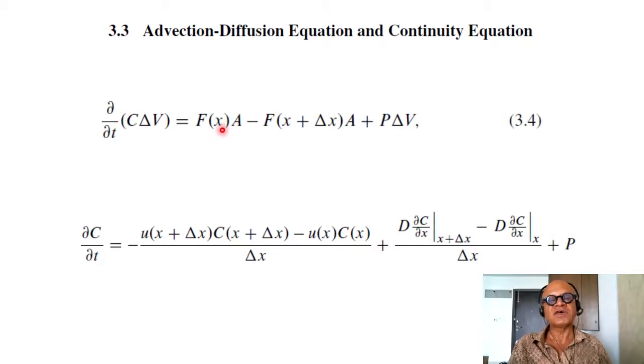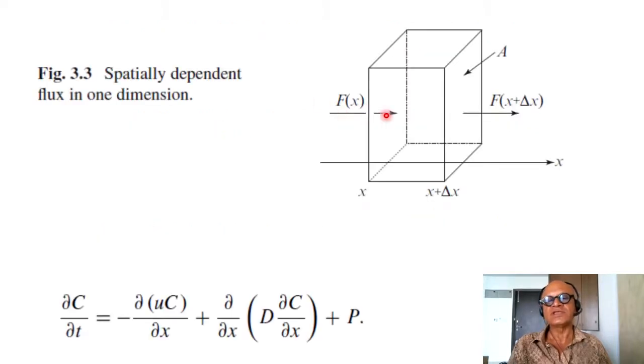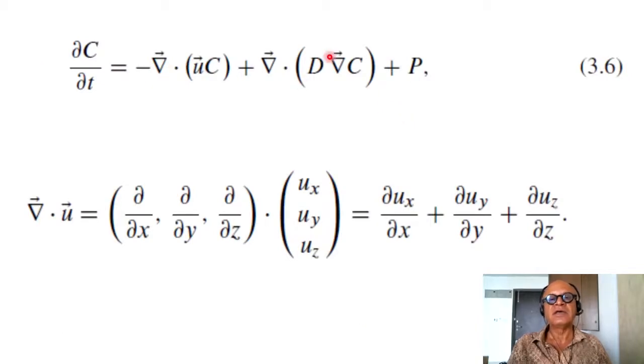So fx times A, the interface area in the x direction, minus fx plus delta x times A. So what's coming in and what's going out is what is the net inside. And then there is diffusion happening as well.